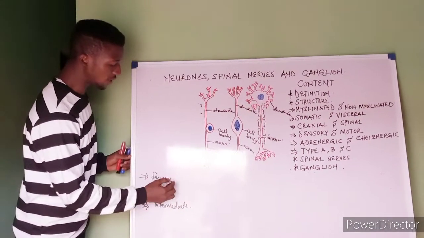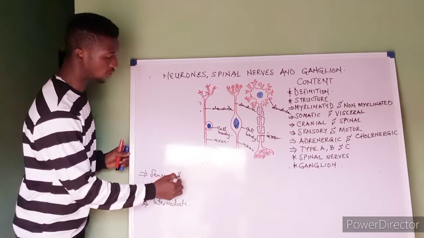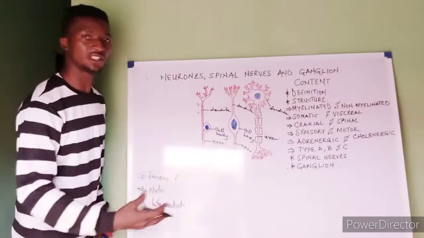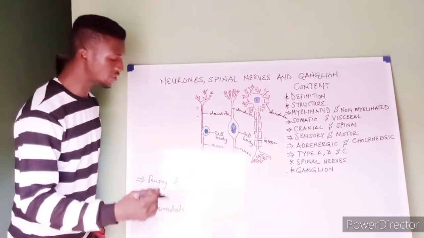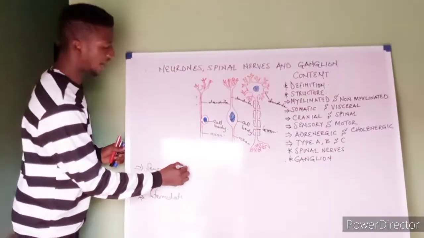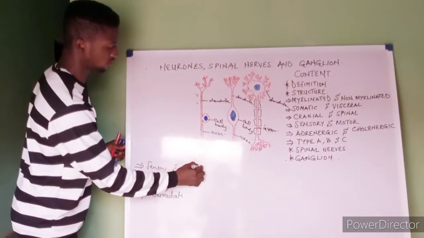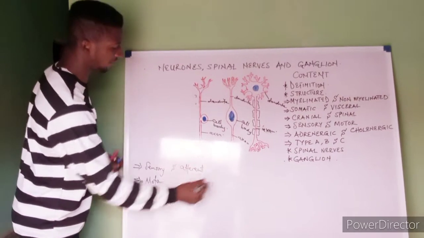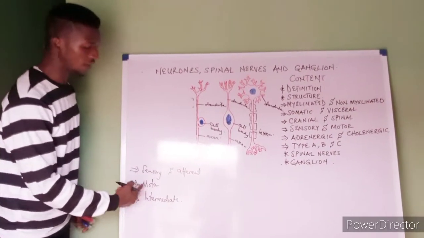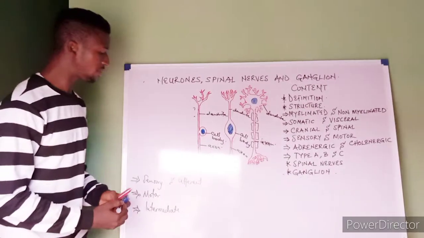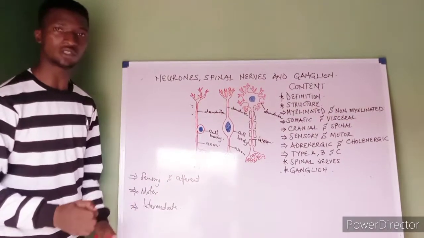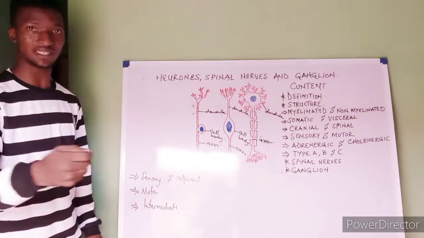Because they are relaying these impulses towards the brain, we call them afferent nerve fibers. We also have what is referred to as motor. Motor means that they are associated with the voluntary actions, like the somatic cells.